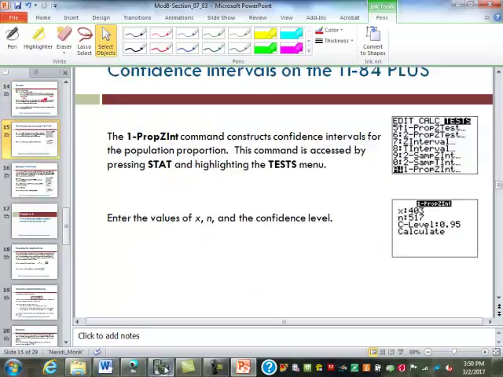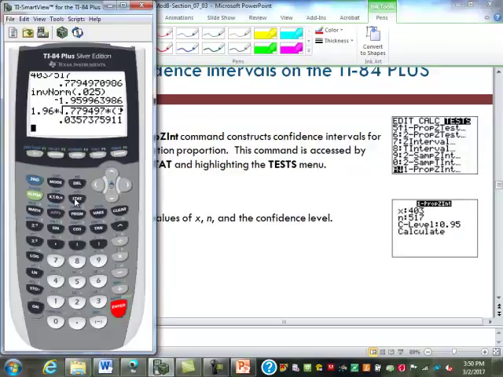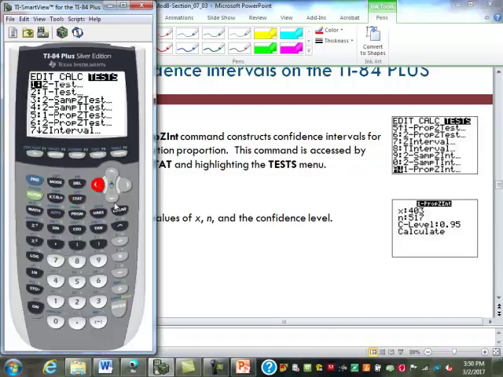So on the calculator, let's enter this information. We're going to go to stats again, tests. I go down to Z interval. So there's one proportion Z interval.